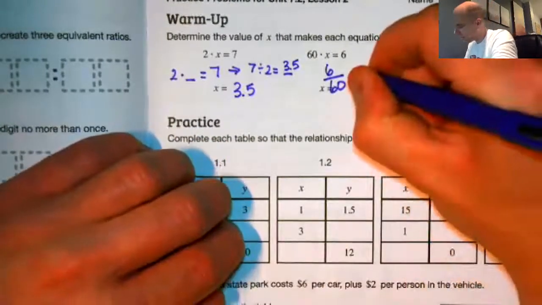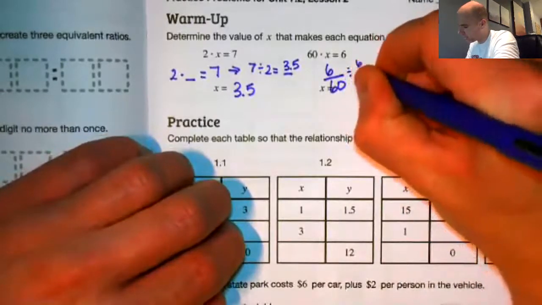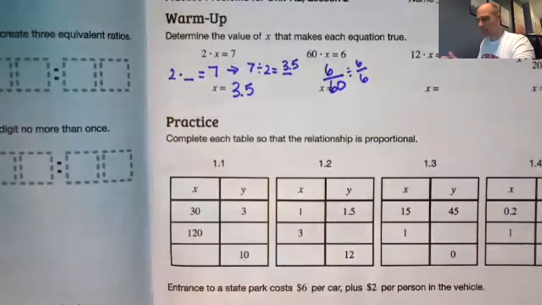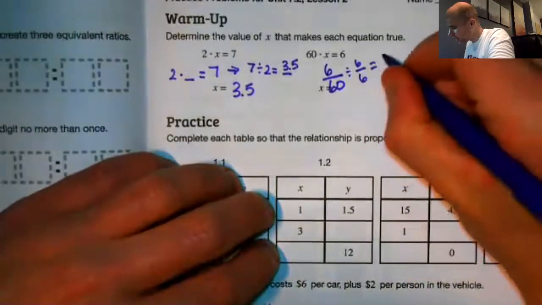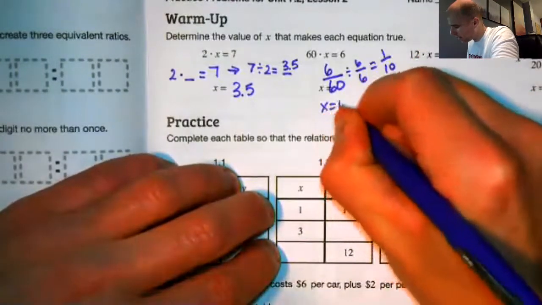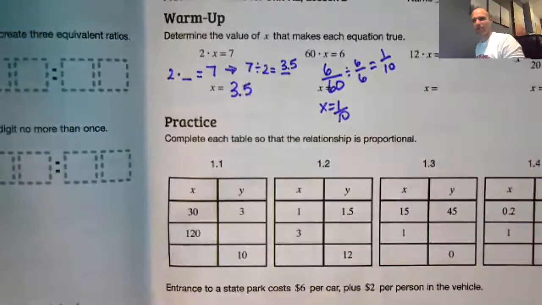I can simplify this by dividing this fraction by 6 on top and 6 on bottom, aka 1, just written as 6 over 6. And this gets me 1/10. So x in this case equals 1/10. Sorry, I wrote that so weird, like the equal sign next to the 1 instead of the middle of the fraction. I don't know why I did that.